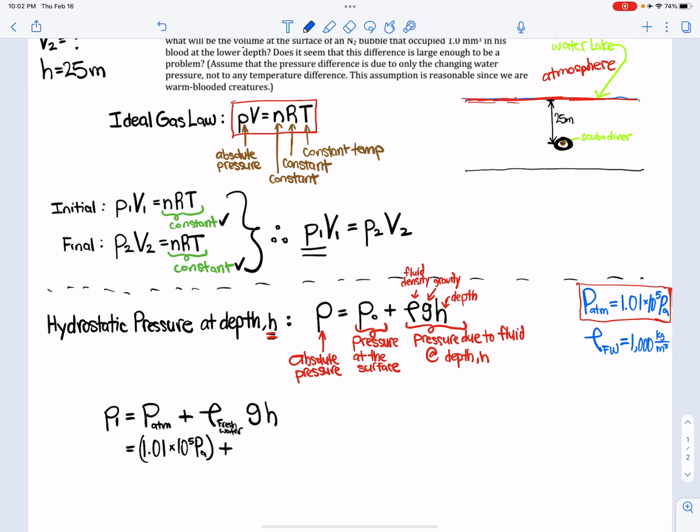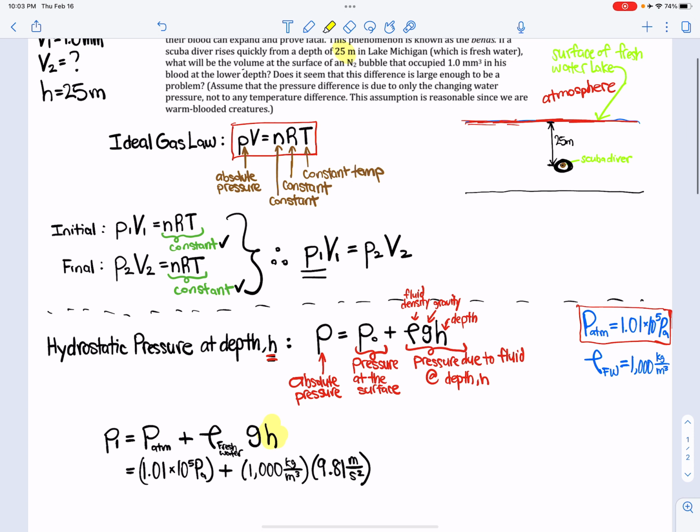And the gravity, constant gravity, is 9.81 meters per second squared. You'd probably already know that by now, but if not, again, add it to your cheat sheet. I think that's pretty important to know. And our depth in this case, our H, is 25 meters, right? Right here, 25 meters. That was given. So times 25 meters.